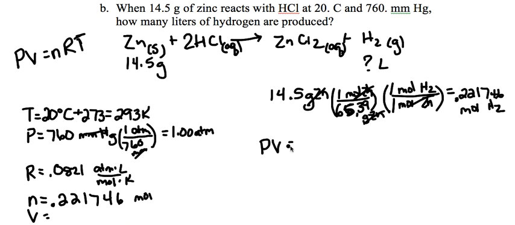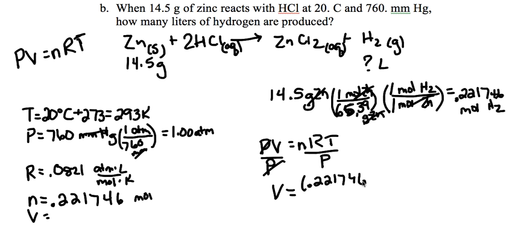So when I say PV equals nRT, and I divide both sides by the pressure to get my volume by itself, because pressure divided by pressure would be 1, volume is going to be equal to those number of moles, 0.221746, times my constant, 0.0821, times my temperature, 293, divided by my pressure, 1 atm.